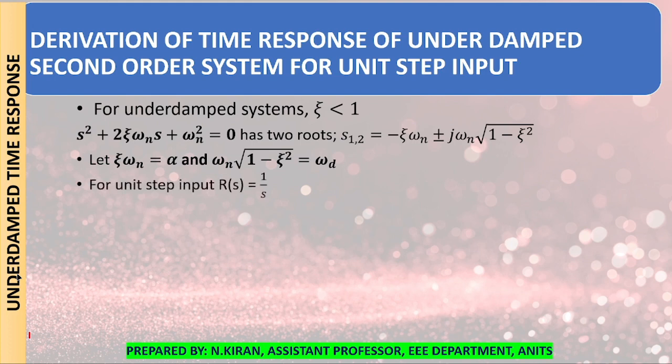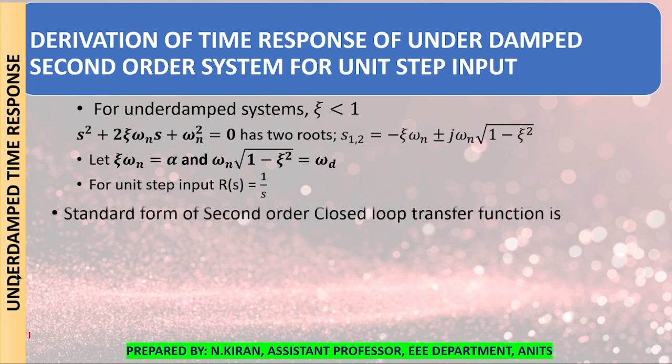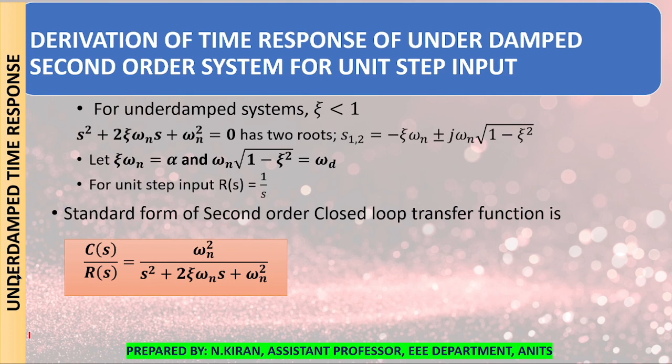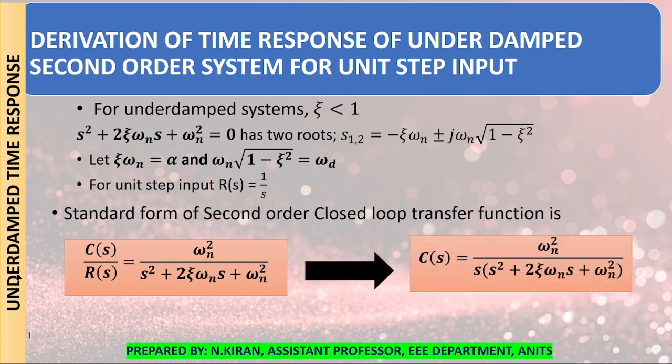Since it is unit step input, R(s) is equal to 1 by s. We know the standard form of the second order system, omega n square by s square plus 2 zeta omega n into s plus omega n square. If I substitute R(s) as 1 by s, that will give me C(s) as omega n square by s into s square plus 2 zeta omega n s plus omega n square.